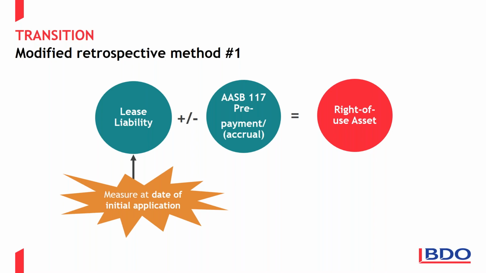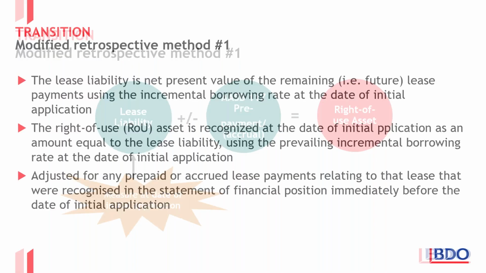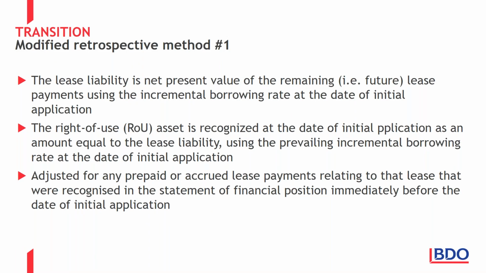If an entity did not book an accrual or a prepayment in the past, maybe it was not a material number, and therefore they didn't book it, your lease liability under modified retrospective method 1 will just equal your right of use asset, and we've seen that with a lot of our clients. In this slide, I just explain a little bit of the calculations, maybe put a few more words around it if you want to look at that.